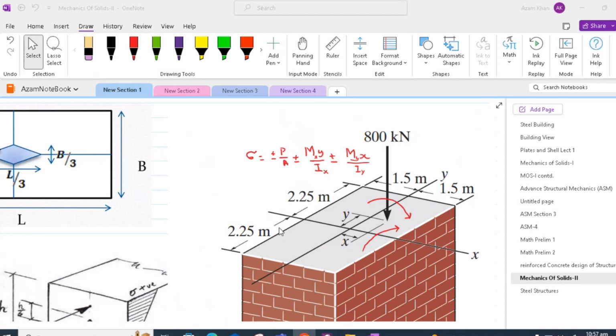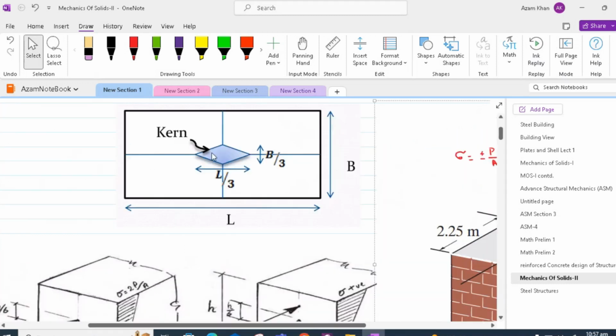Later we will see that the kern in the case of this rectangular section would be a diamond shape. Thus, if we apply the load inside this diamond shape, regardless of the load being in any quadrant, we wouldn't have any tension appearing within the cross section.